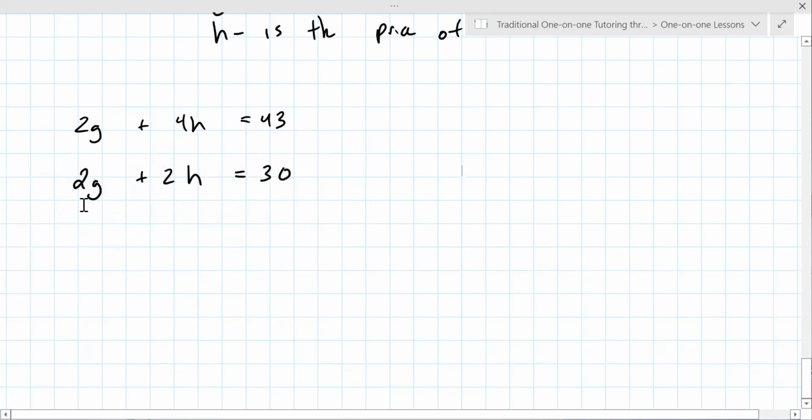G is kind of the same because it's got a 2 and a 2, and they're both positive. And in this case, you want to multiply one of them by -1. So I'm going to suggest we do the top. There is no right or wrong answer here. They both work. But we're going to put that answer down here below. -2G minus 4H equals -43.